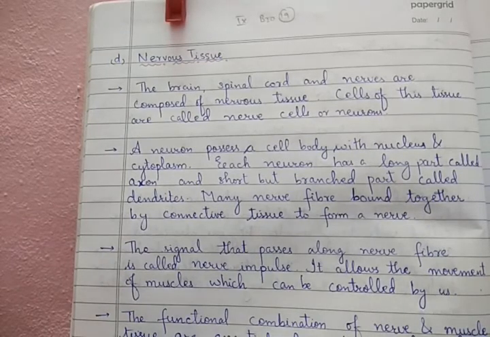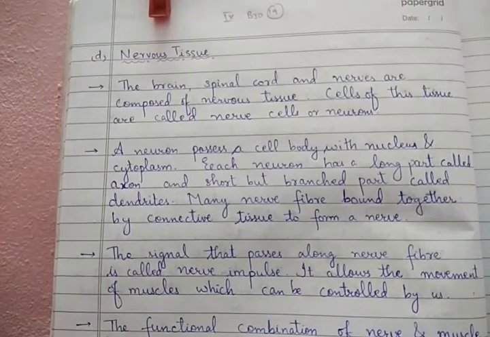We are well aware that if we are in contact with a hot substance or a cold substance, in the case of a hot substance, we just take our hands off it.